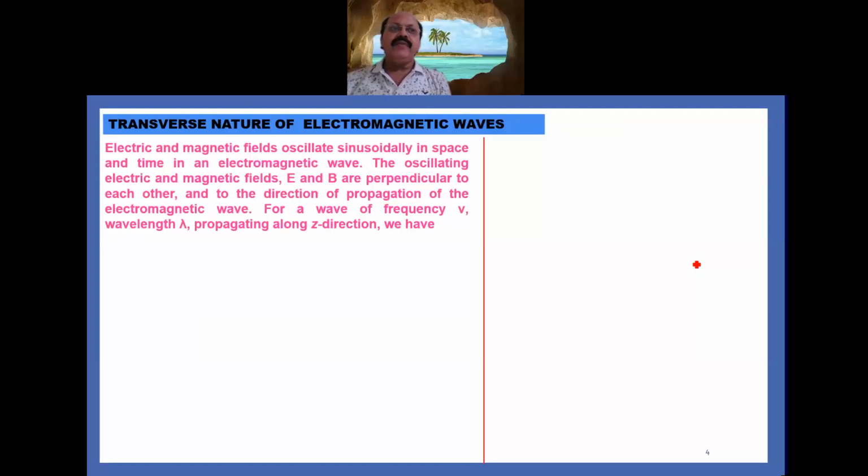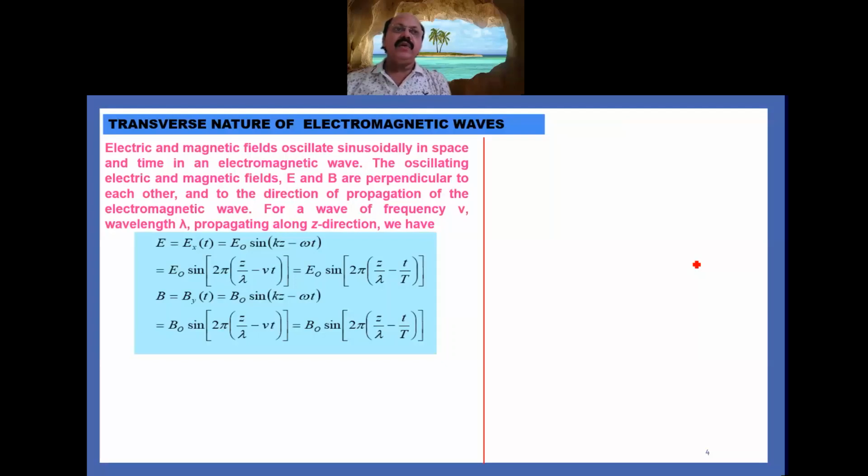For a wave of frequency nu and wavelength lambda propagating along the z direction, we have E equal to Ex(t) equal to E naught sine(kz minus omega t), where k is the wave number and its value is 2 pi upon lambda, and omega is 2 pi nu. Nu is 1 upon T, the reciprocal of the time period.